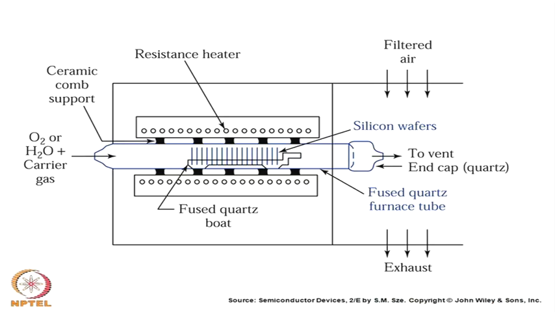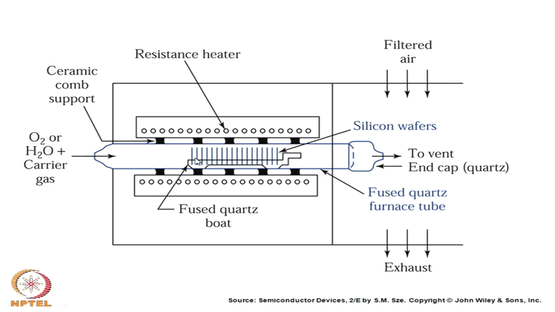oxidation reactor. You see that in the oxidation reactor there are many components. One is the resistance heater, which is used to heat the substrates. There is a quartz board on which the silicon wafers are placed vertically.